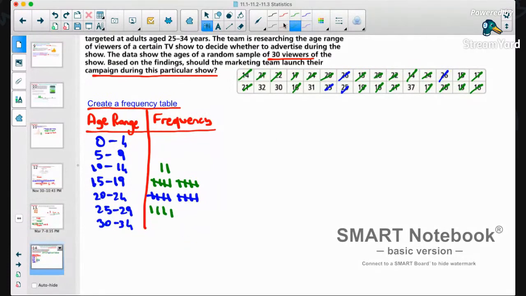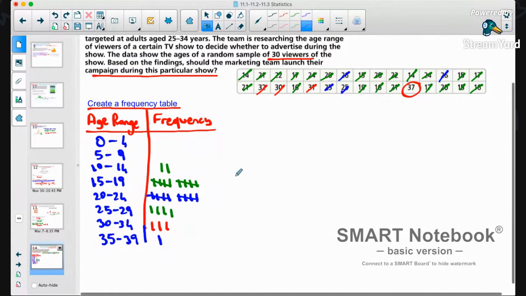Between 30 to 34, how many people are there? 1, 2, 3. There are only 3. And there's one more interval I need to create, ladies and gentlemen. This interval is going to be 35 to 39. Why? Because there is one age positioned in this range. So that's why there's a 1.